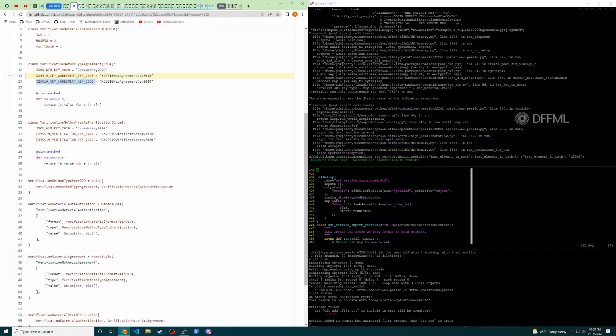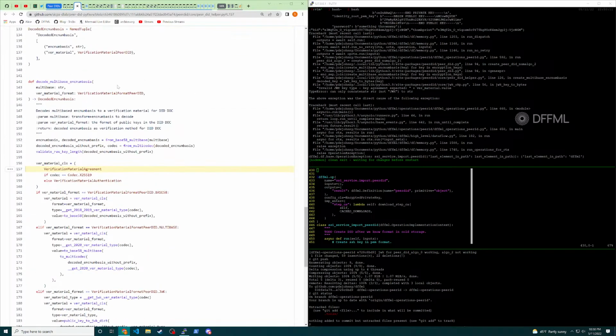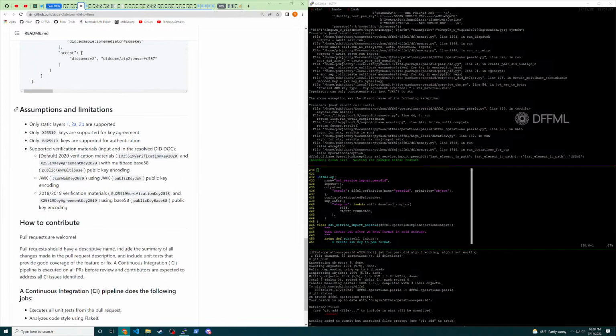Okay. We are what, decode? Now, oh, what's this? Assumptions and limitations. Only, okay, so only ED25519 keys are supported for authentication, and only X25519 are supported for agreement. Okay.